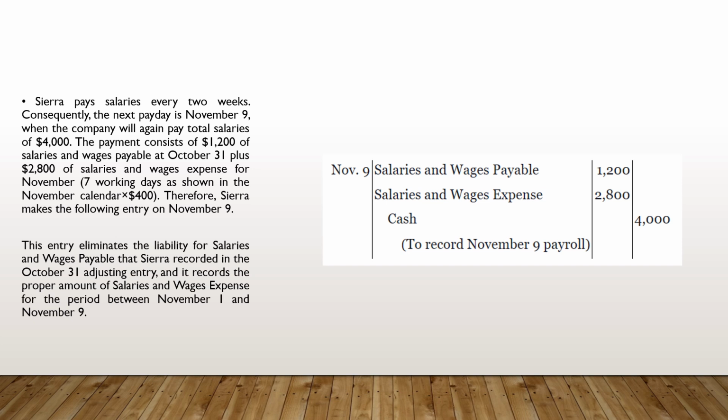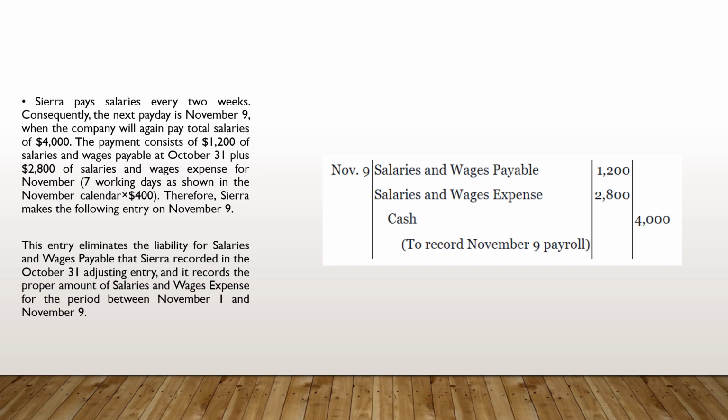So when the company pays again a total salary of $4,000, you see that the payment consists of the adjusted $1,200 for salaries and wages payable at October 31st plus the $2,800 of salaries and wages expense for November. Okay, so that's 7 working days.